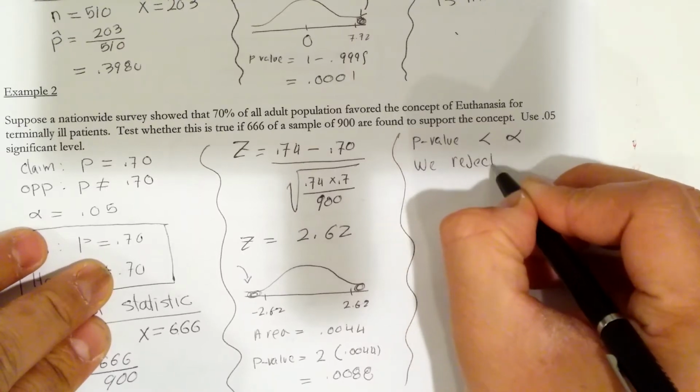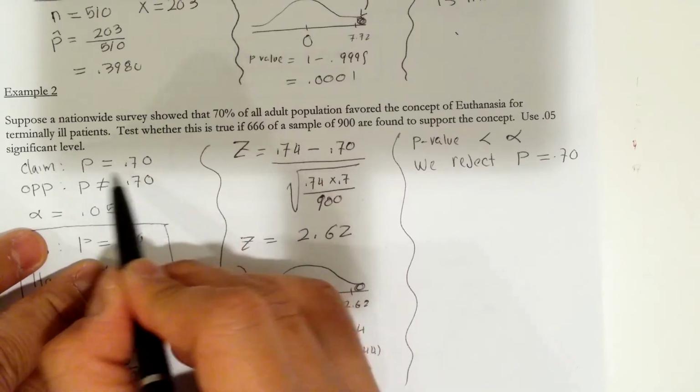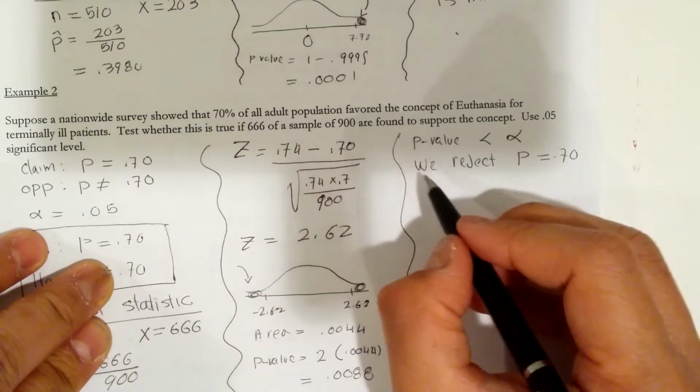So we reject this. If we reject this, that means we're supporting that. There's enough evidence to support this.